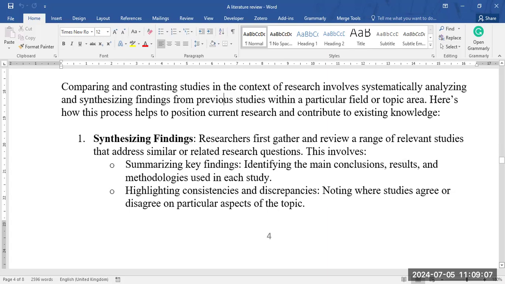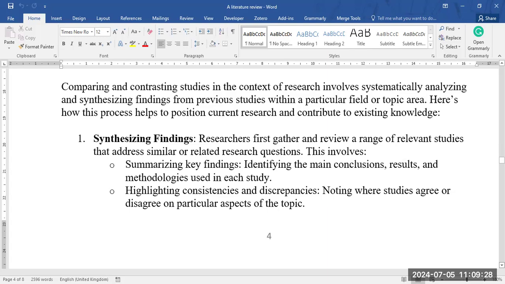Then, finding each research work, they try to get the right comparisons of their findings, summarizing the key findings, identifying the main conclusions, results, and methodologies used in the research study. That also we discussed in the last class.